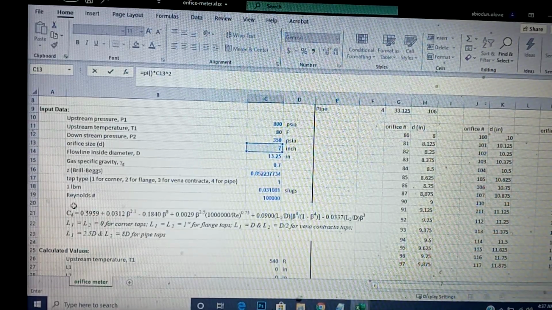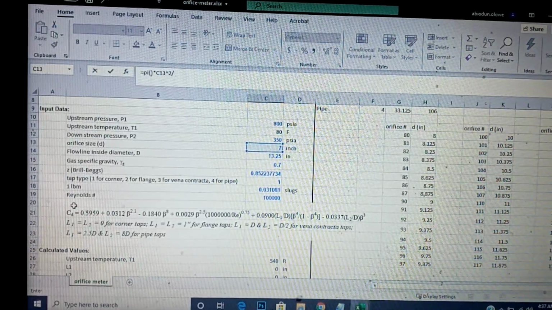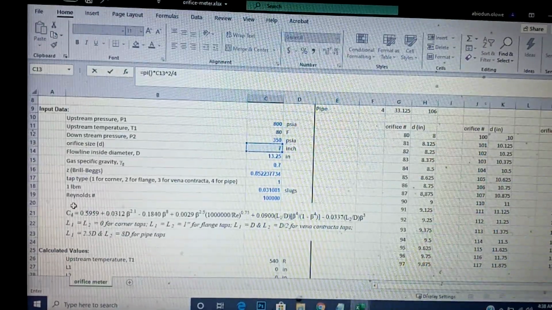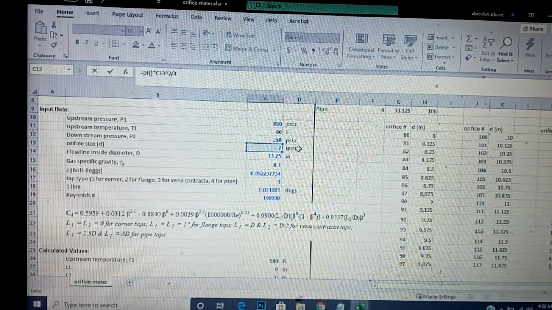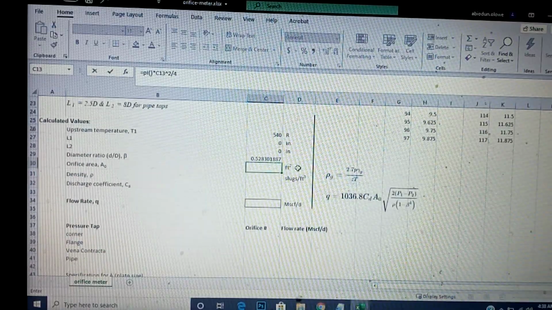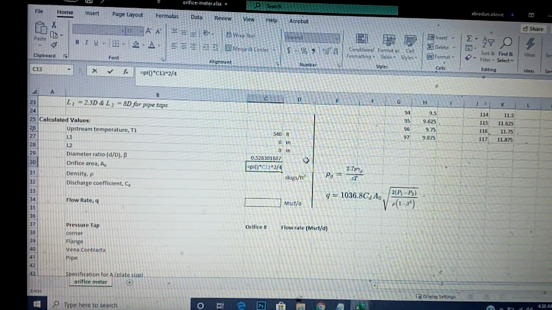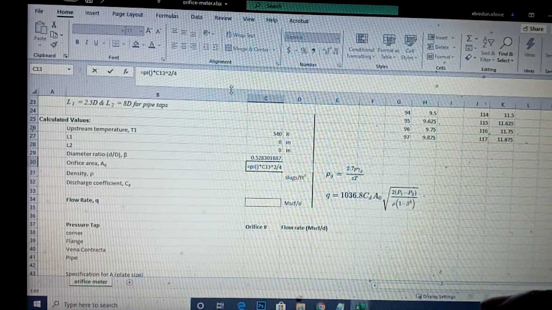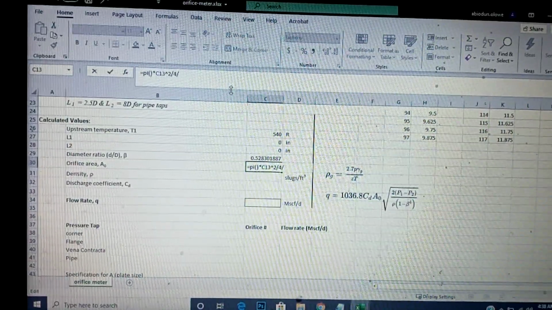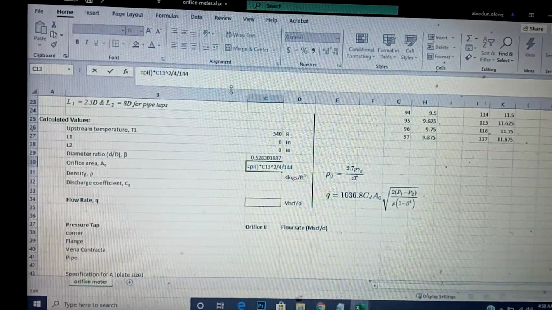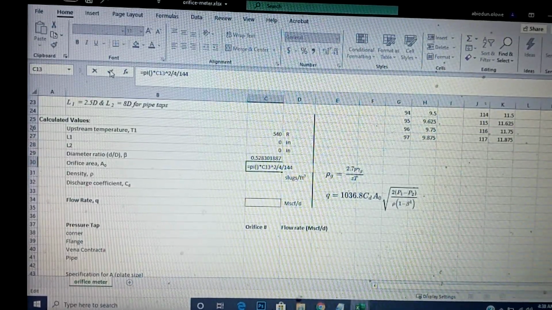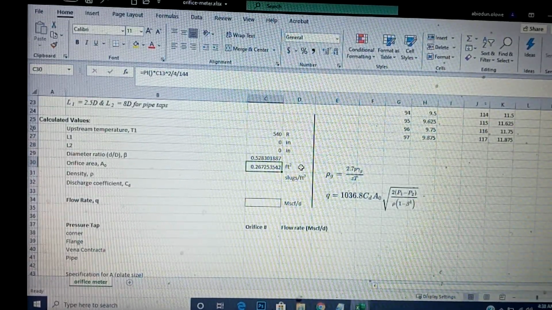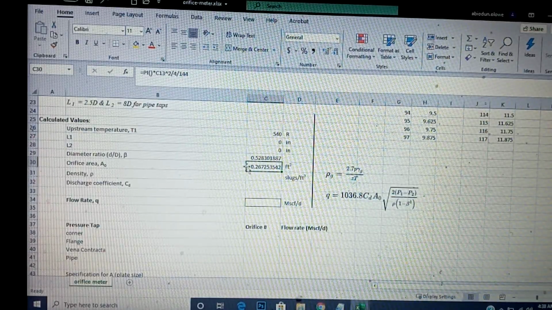That's pi d squared divided by 4. Now, see, this d is given in inches, but we want to find the area in square foot. So I have to divide again by 144. So it's pi d squared /4 /144.